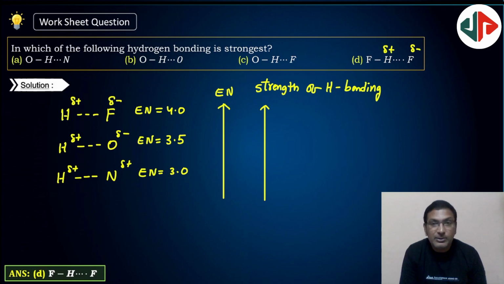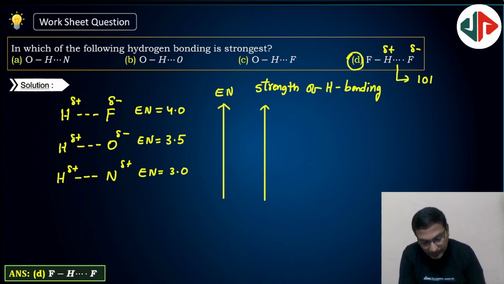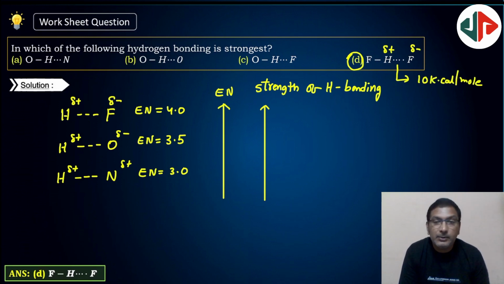If there is hydrogen bonding between hydrogen and fluorine, that will be strongest. Therefore D. So strength of this hydrogen bonding will be 10 kilocalories per mole. To dissociate this hydrogen bonding, 10 kilocalories of energy is required. Strongest. Next.